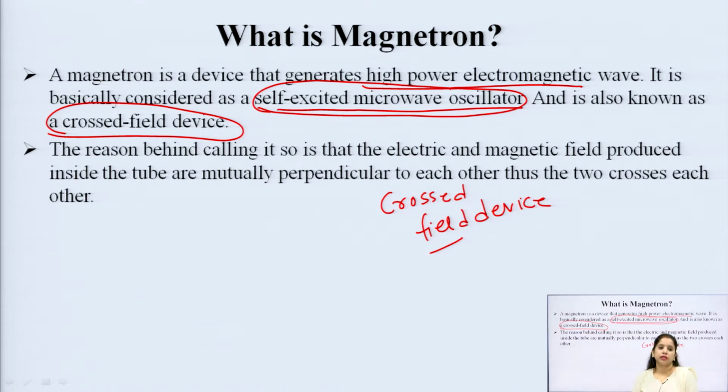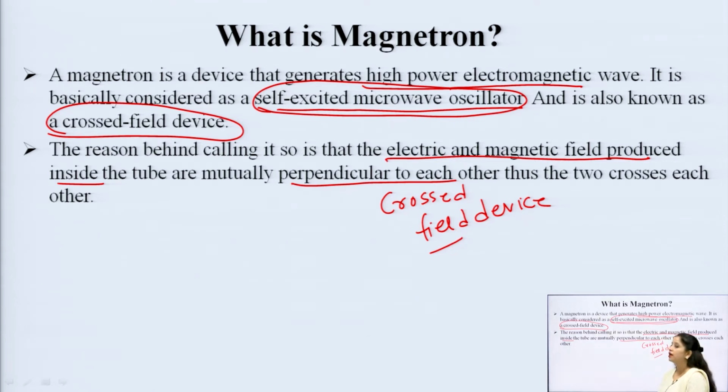The reason that it is called a cross field device is because the electric field and the magnetic field produced inside the magnetron are perpendicular to each other. And if you can recall, in the klystron the electric field and magnetic field are not perpendicular to each other. So, these are the two basic differences between the klystron and the magnetron.